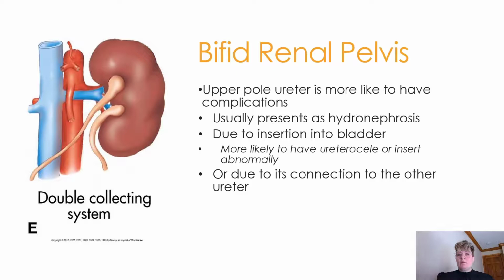That upper pole ureter tends to insert abnormally into the bladder if it makes it all the way down. Sometimes it inserts into the urethra. Sometimes it can insert into the vagina. So it's got a lot of issues of where it's heading. So we do quite often see pathology with that upper pole.